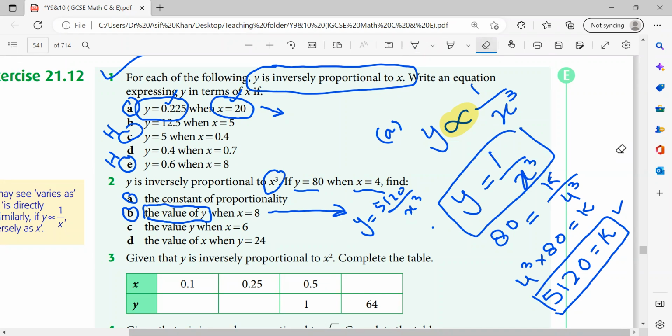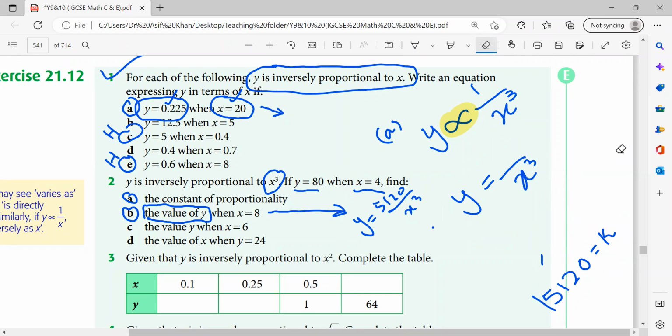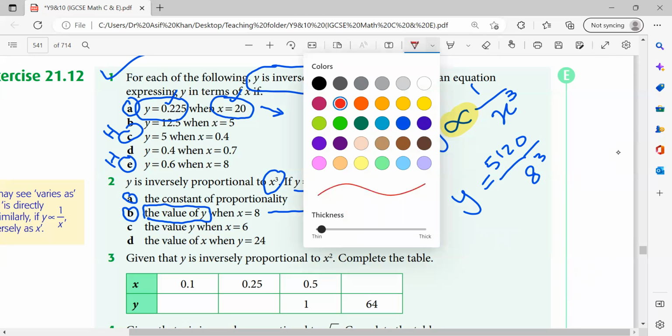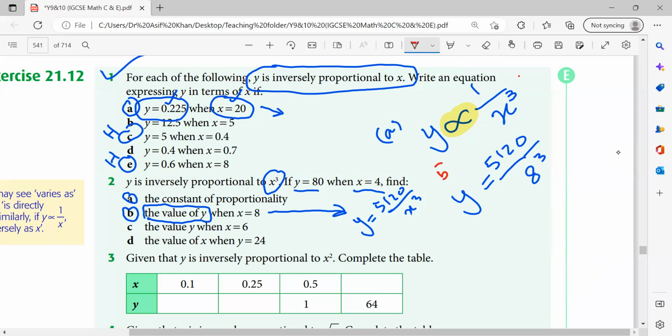Okay. So here we are going to solve part B. And in this part, it says put x is equal to 8. So in this expression, it is 5120, and in place of x cube, we will write 8 cube. Now simplify.